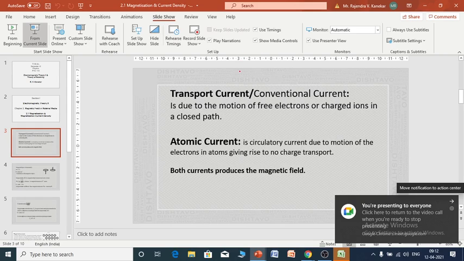Now, we try to understand the magnetization of the magnetic material by comparing it with the wire carrying the current, the magnetic field produced by the wire carrying the current. So now here, when the electron is circulating in the orbit, there is no cross-sectional area for that path as such.